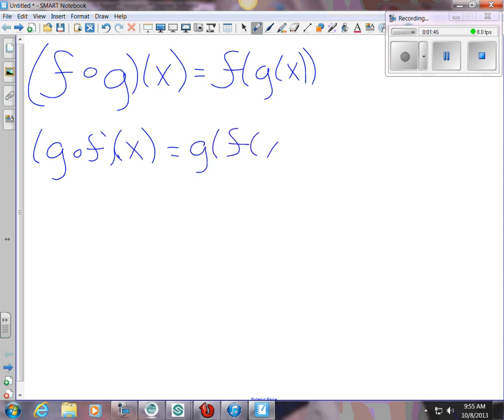How would you read this? G of f of x. So this actually makes a huge difference as to how we're going to be doing this composition. With the first one, basically what we're saying is we're taking g of x and we're going to put it into f of x. What do you think we're saying with the second one? Good, you're taking f of x and we'll put it into g of x.